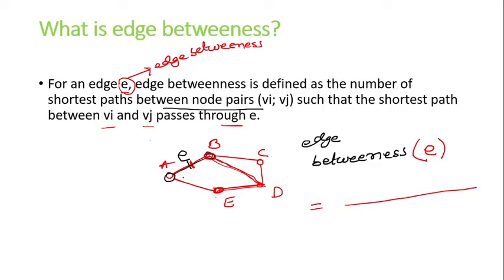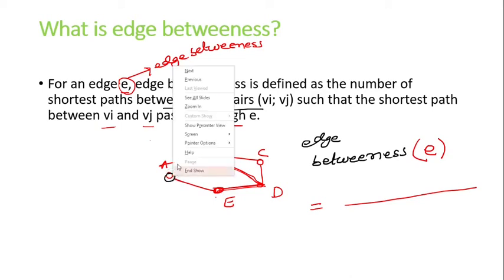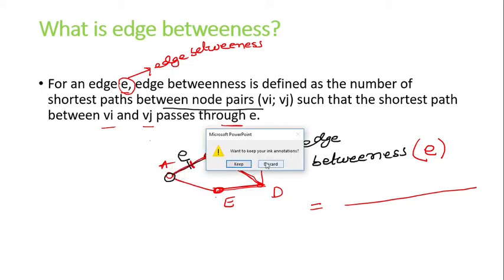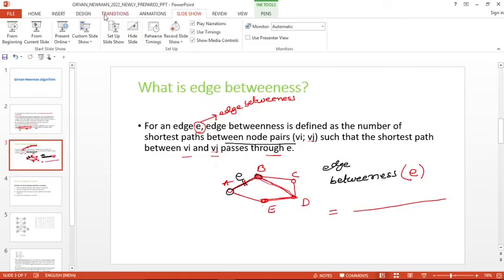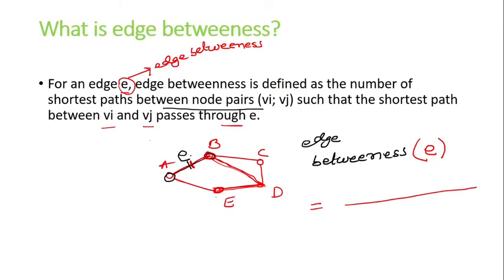BAE is also a shortest path, and BAE holds the edge AB, the edge that is under consideration. So BAE is the shortest path which holds AB, although BDE is another shortest path, which does not include this edge AB.